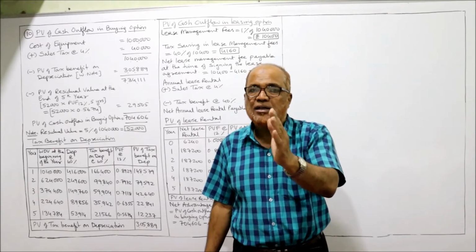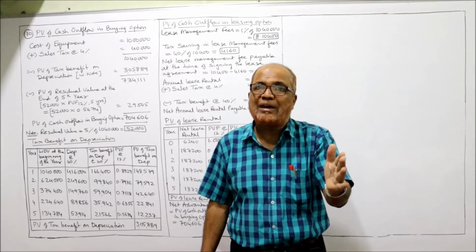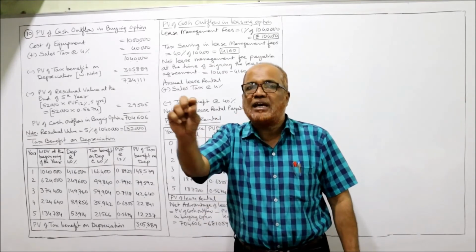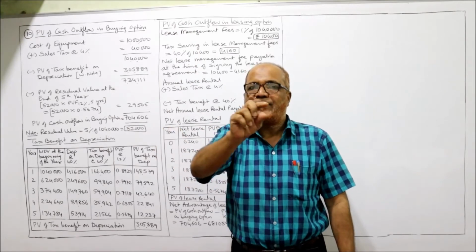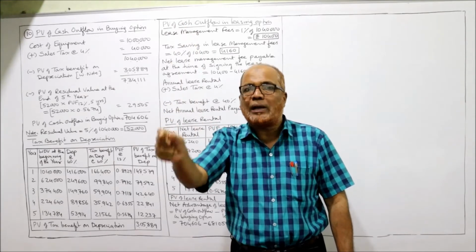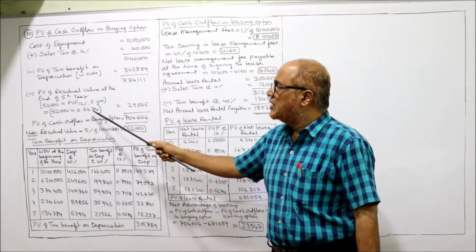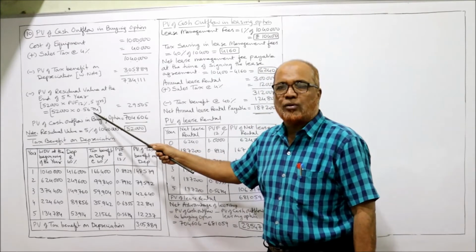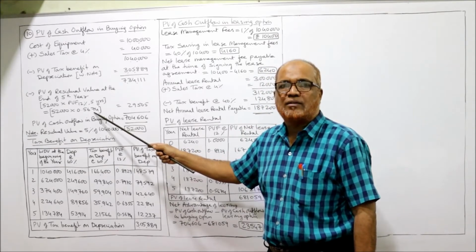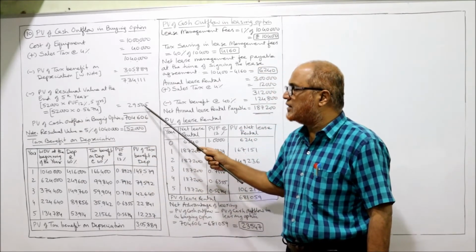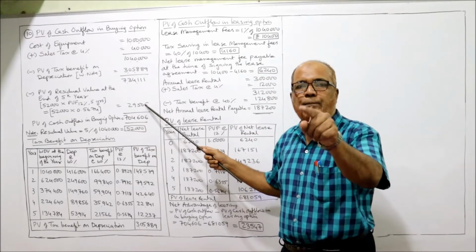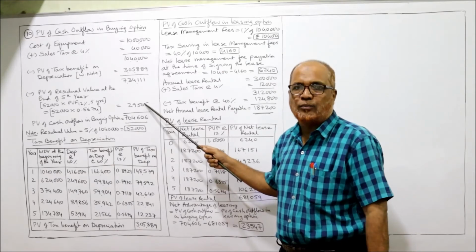See the present value of rupee 1 table, 5th year line under the 12% column. You will get 0.5674. This is the PV factor. Multiply 52,000 into 0.5674, 29,505.